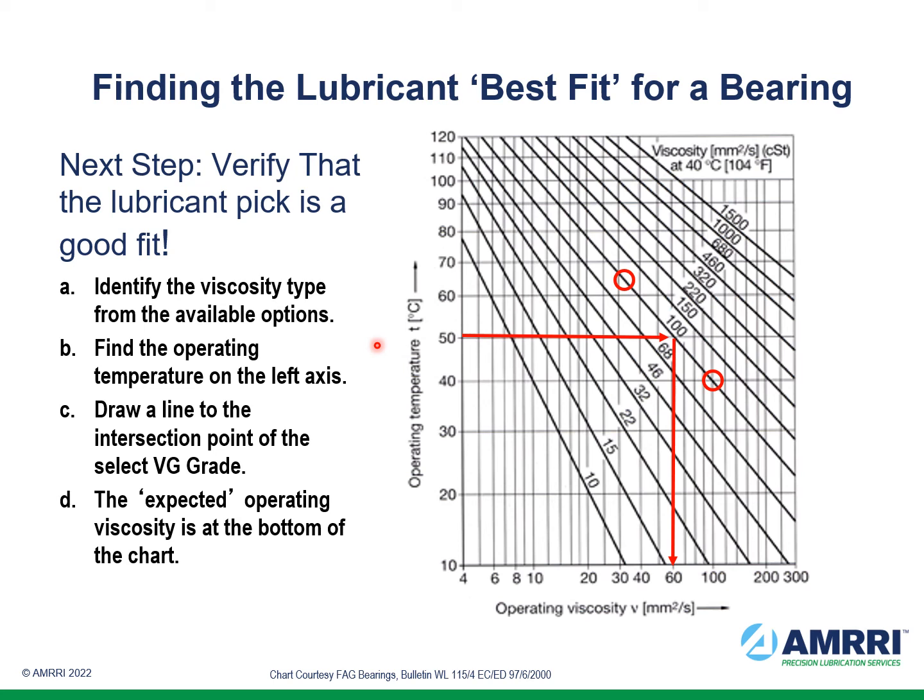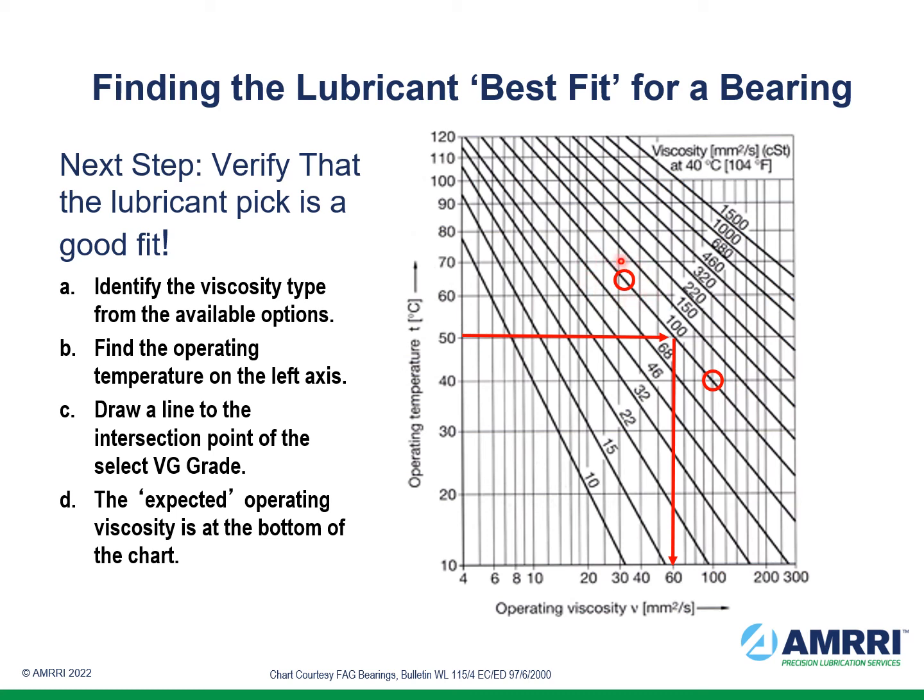So then, now we're going to go out and measure the temperature of the bearing. And let's say hypothetically we come up with 122 degrees Fahrenheit or 50 degrees C. We think that we want to use an electric motor grease. And we look up the viscometric properties of the electric motor grease, and we find that it is a viscosity grade of 100.